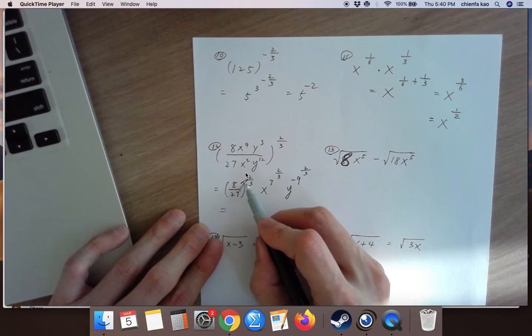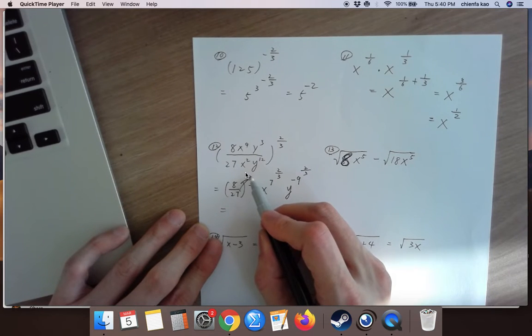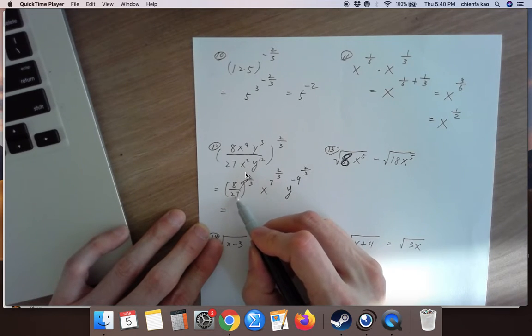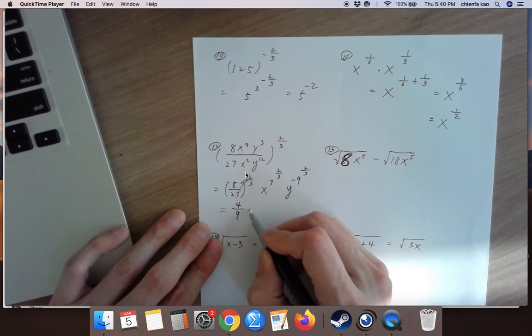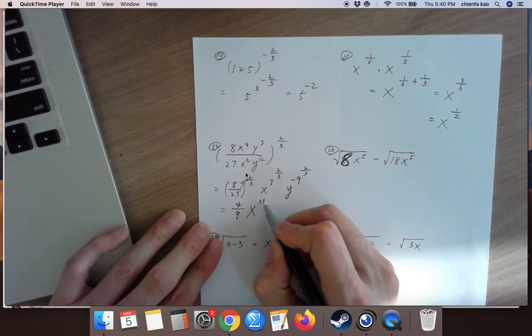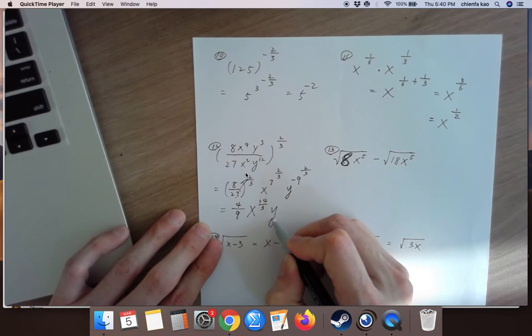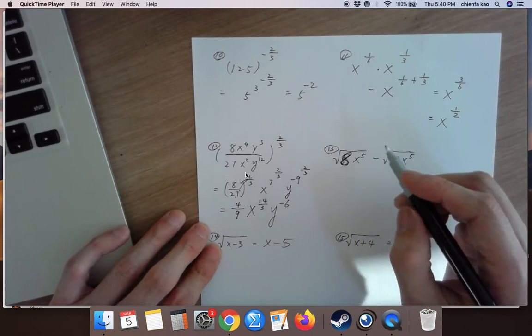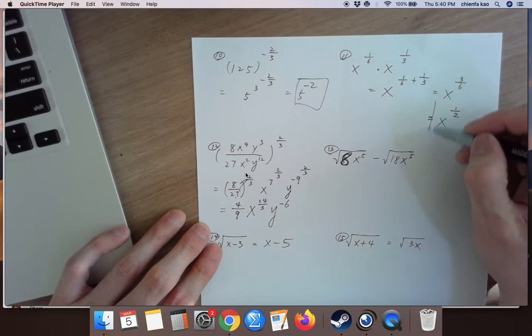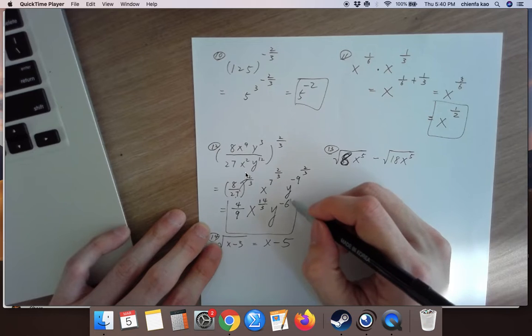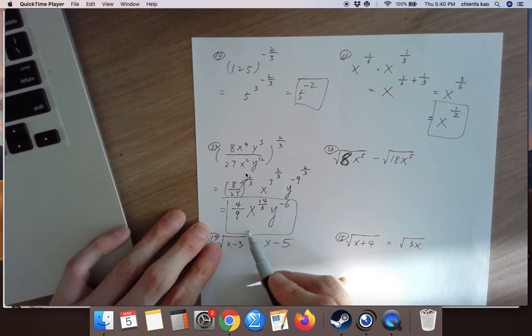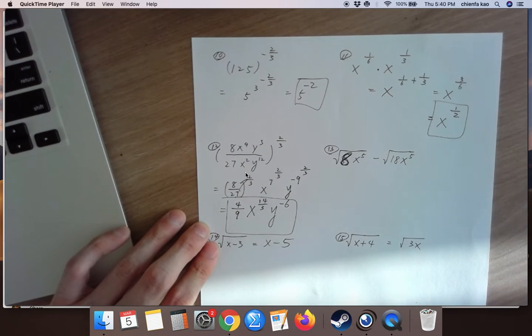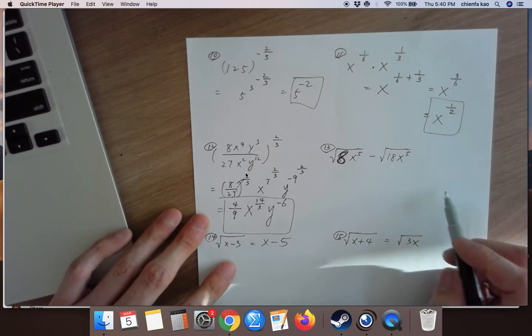So this one becomes 2 to the 3rd power, 3 to the 3rd power. So at the end, it's going to be 4. This is going to be 9. This is going to be x to the 14th over 3. Y is going to be negative 6. All right, answer. If you want to put it at the bottom, you can. If you want to put this at the top, you can. I don't care.